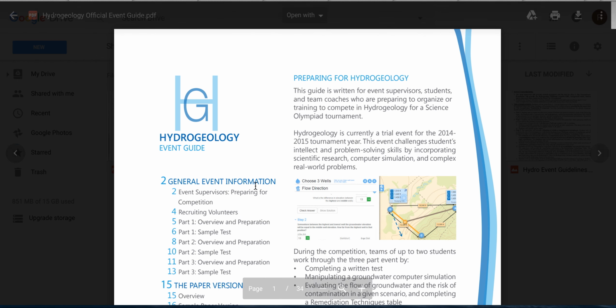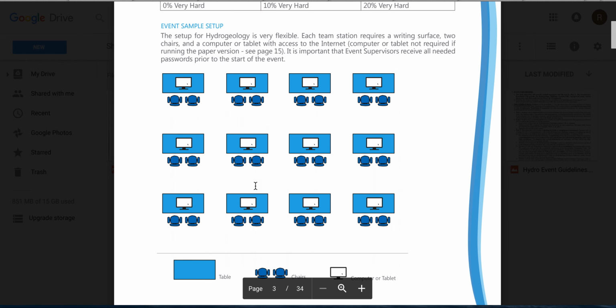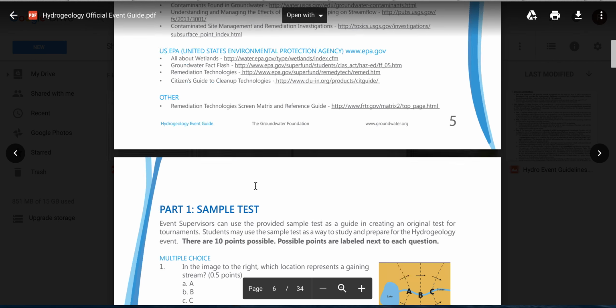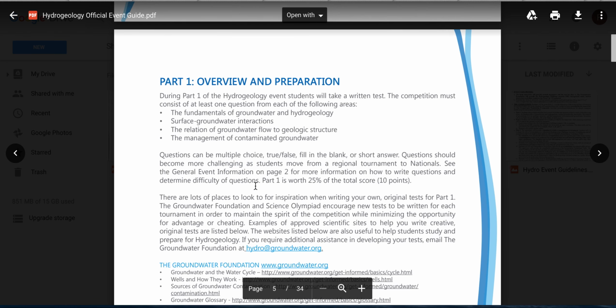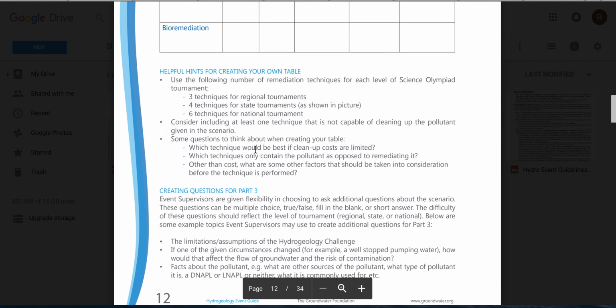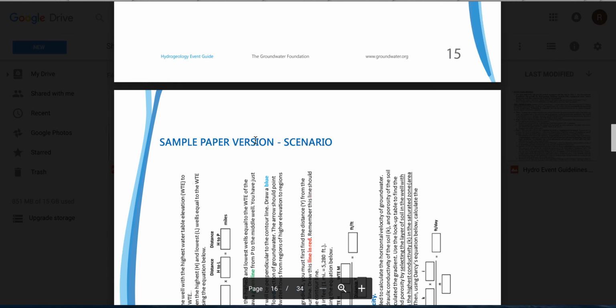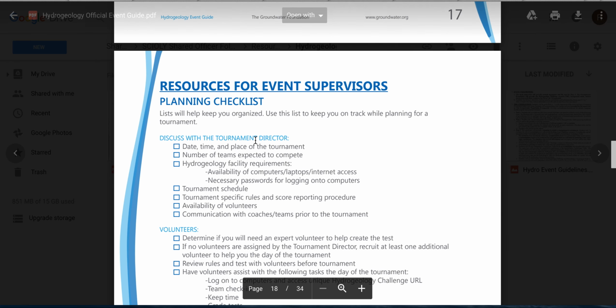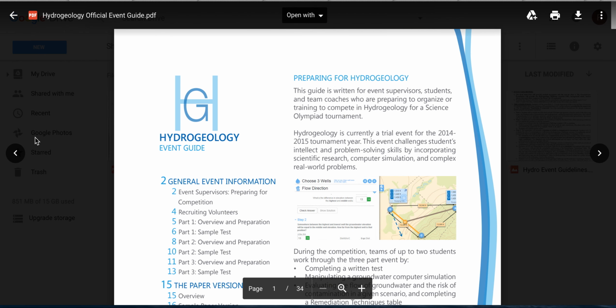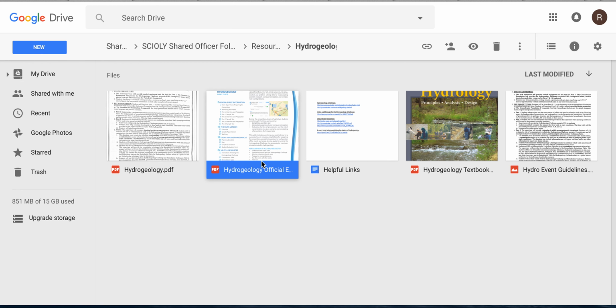There are also a couple of sample tests and practice problems along with each part that it explains. There are a lot of sample tests as you scroll through. So this is definitely really helpful because it gives a really good idea of what components the test actually has. So you should definitely look at this.